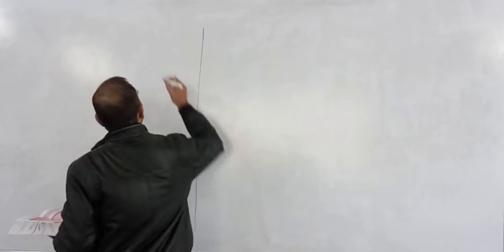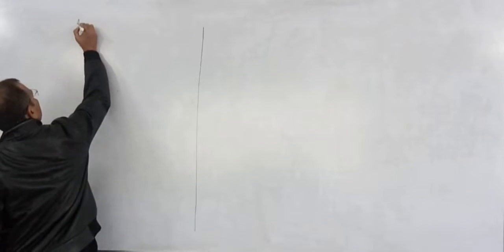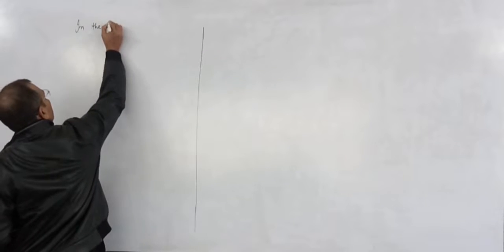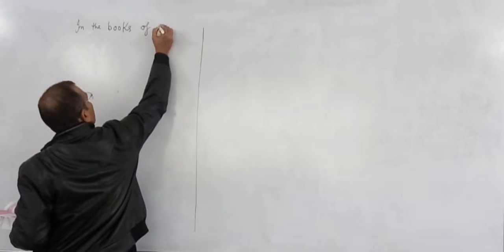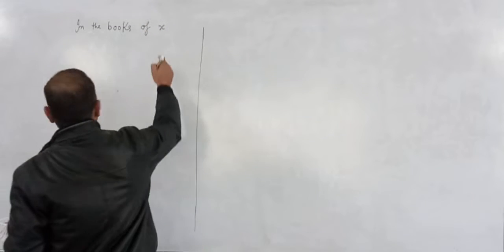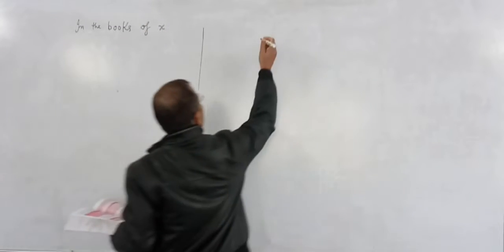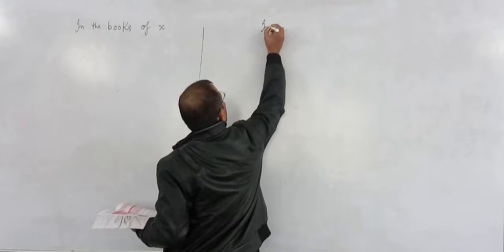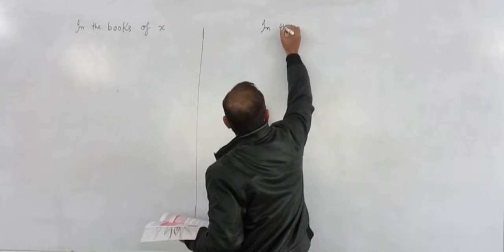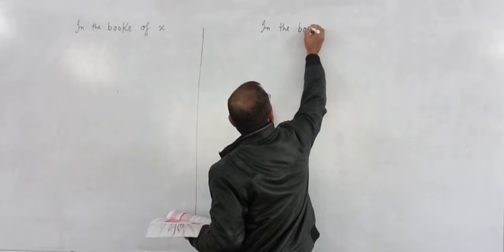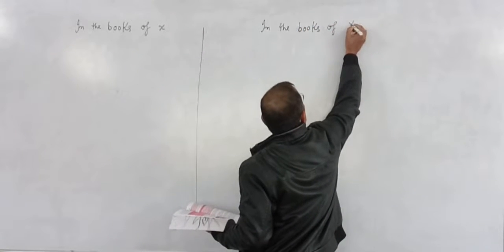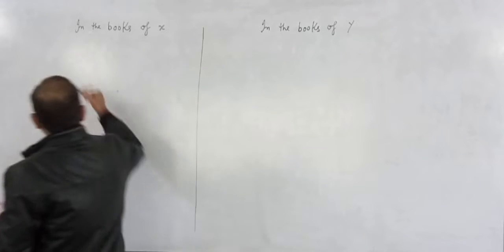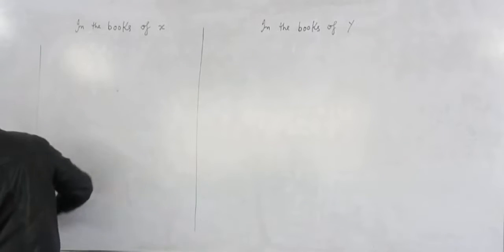First of all we will write here in the books of X, because X is the seller, and on the other page we will write in the books of Y. After doing this, we will draw the line.